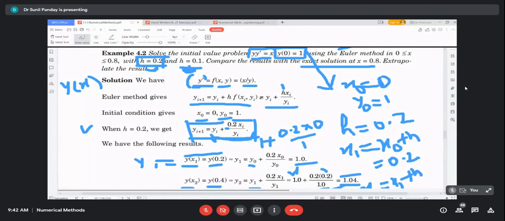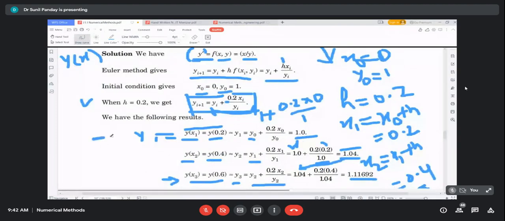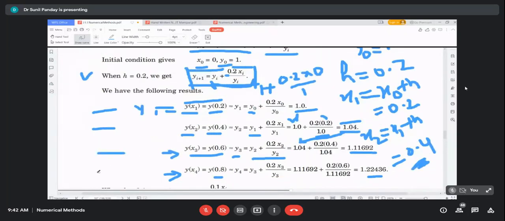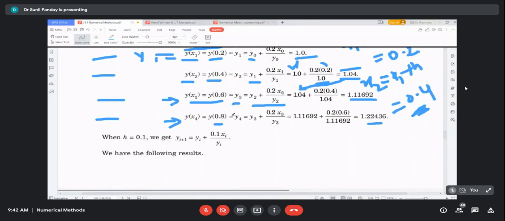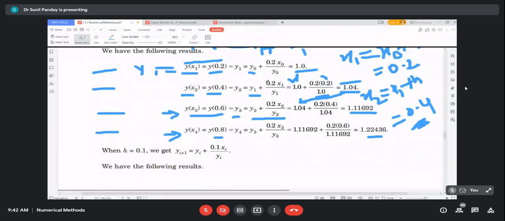But here, with these iterative step methods, you are able to find the value only at discrete points, like y at 0.2, y at 0.4, y at 0.6, and not at other points. Now if you want to know more values of y, you can reduce your step size h from 0.2 to 0.1, and you will get more solution values of y.